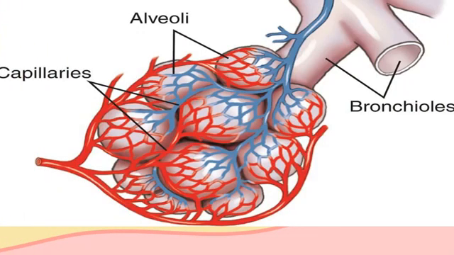So let's know more about alveoli. Again, alveoli. So as I mentioned earlier, the end of the bronchioles have a cluster of sacs called alveoli. So it is tiny air sacs in your lungs that take up the oxygen you breathe in and keep your body going.